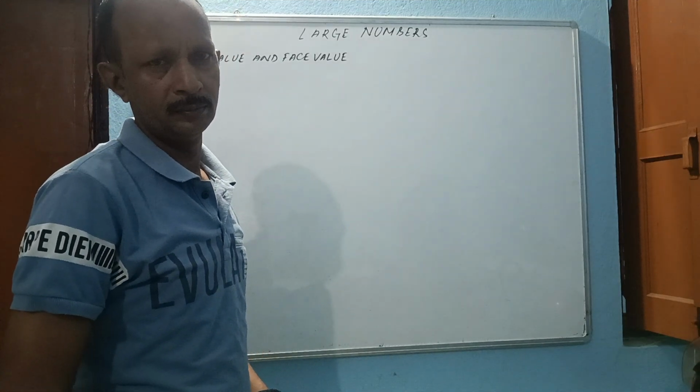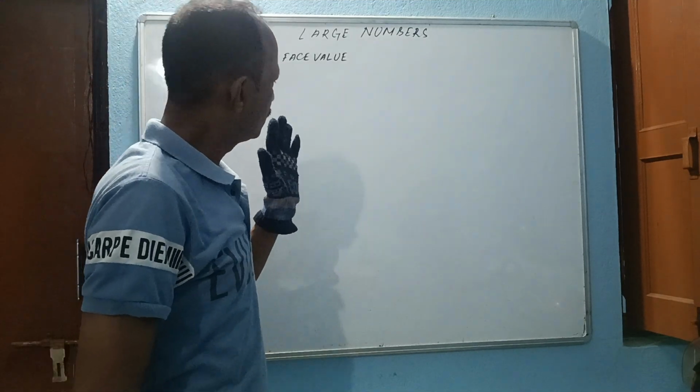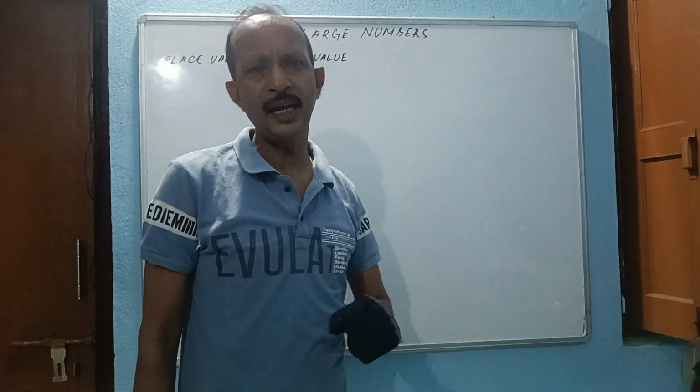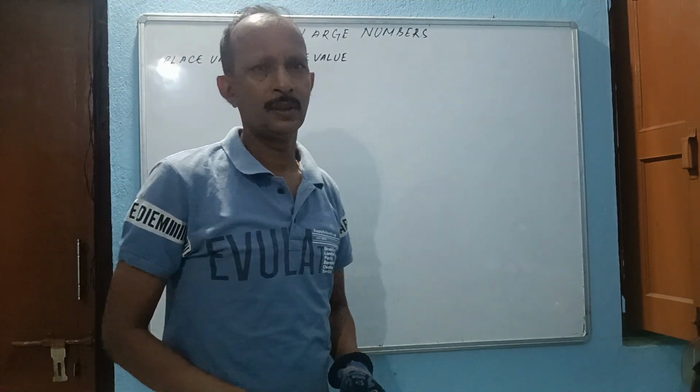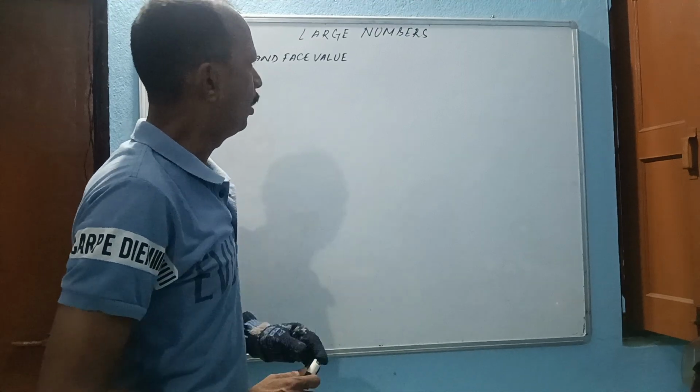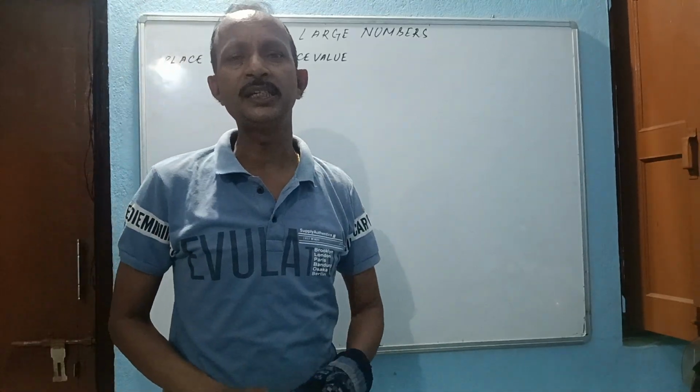Place value is nothing but it tells us the position or value of each digit in a number.